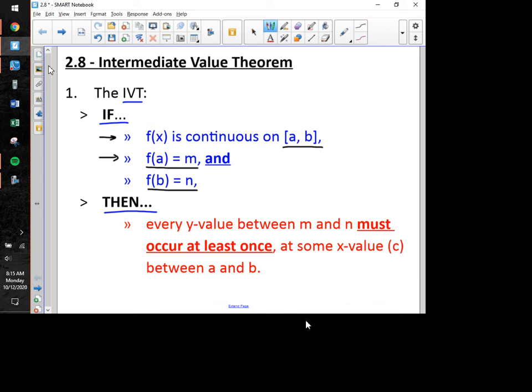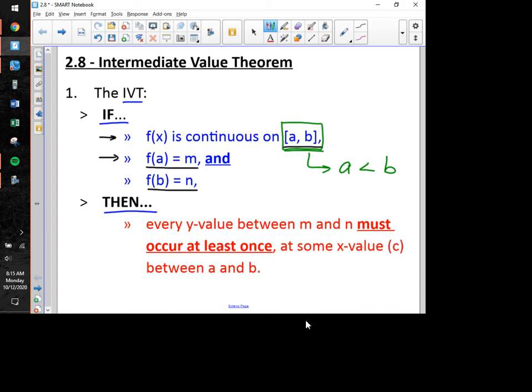When we first said f of x needs to be continuous on this closed interval from a to b, that's the first mention of the numbers a and b, which really seems to suggest that they can be any real numbers that we want them to be. The only important thing to take from that is because of the way that we use interval notation, we do know for a fact, everybody, that a is the left endpoint and b is the right endpoint, and that tells us for a fact that a has to be less than b.